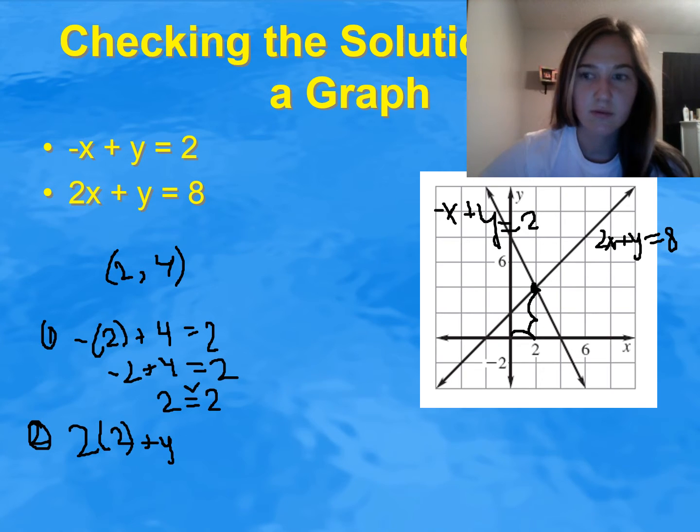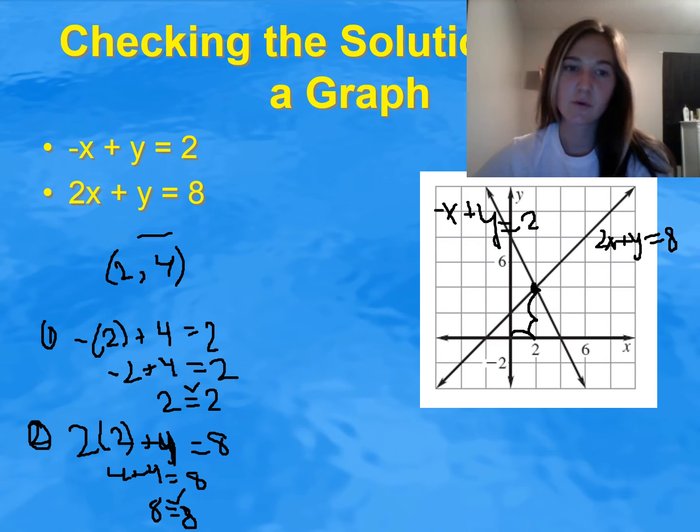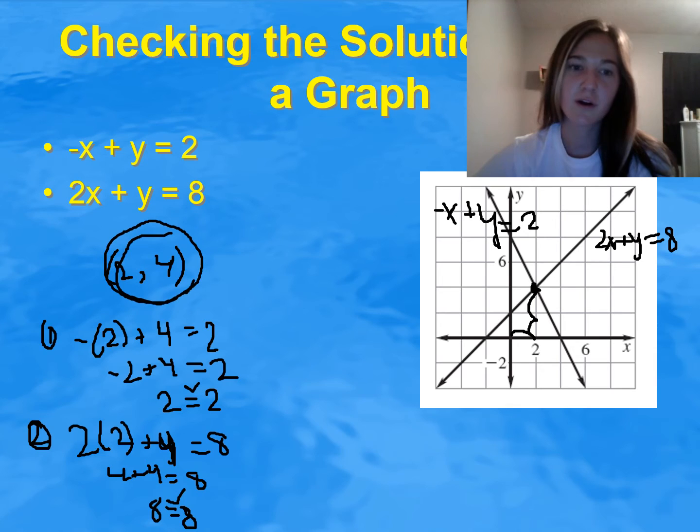Oh, just kidding, our y value is 4. Change that to 4. Equals 8. 2 times 2 is 4, plus 4 equals 8. Show the last step that 8 equals 8. And we're good. So 2, 4 satisfies our system.